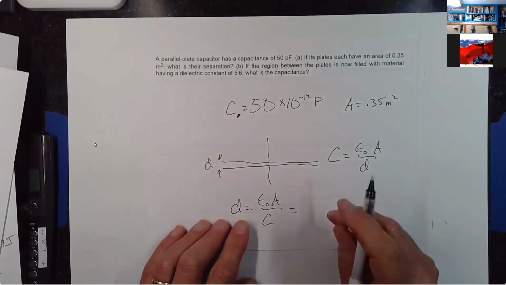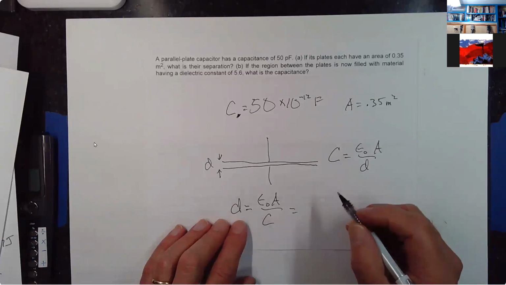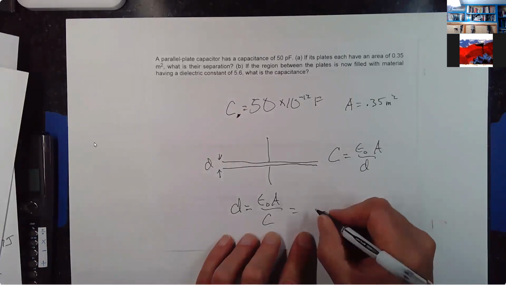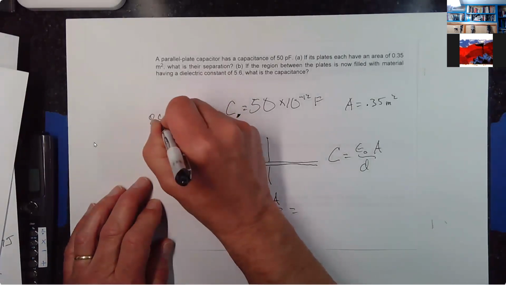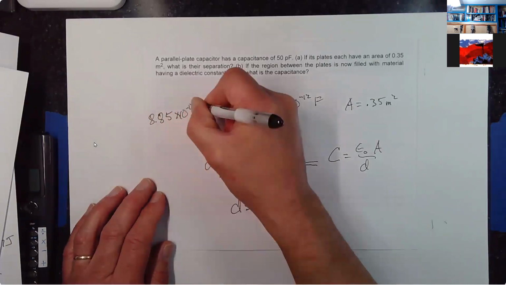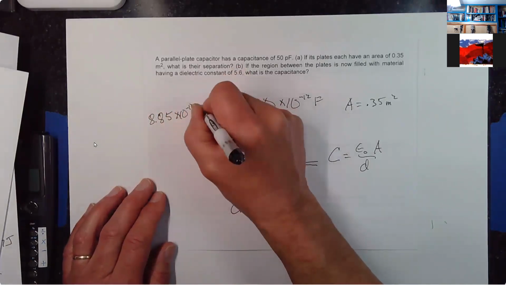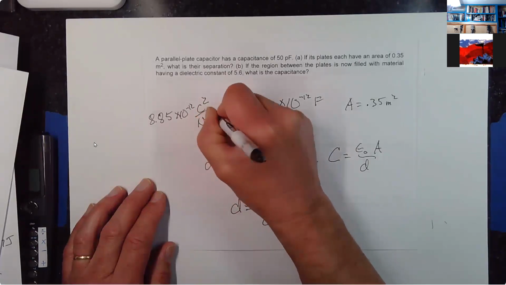Now, a different way of expressing epsilon naught: 8.85 times 10 to the minus 12th coulomb squared per newton meter squared.